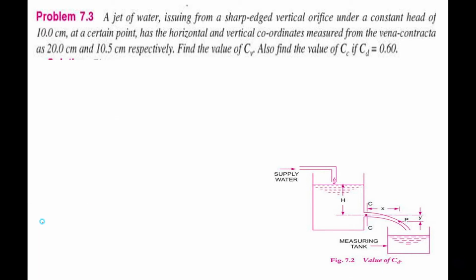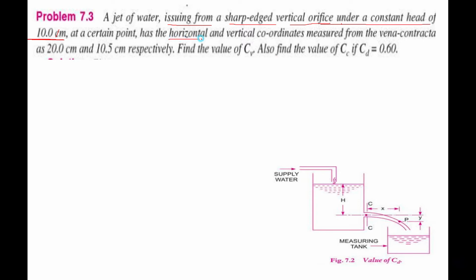Here a jet of water issuing from a sharp edged vertical orifice under a constant head of 10 meter, so it's a meter, not a centimeter, at a certain point has horizontal and vertical coordinates.